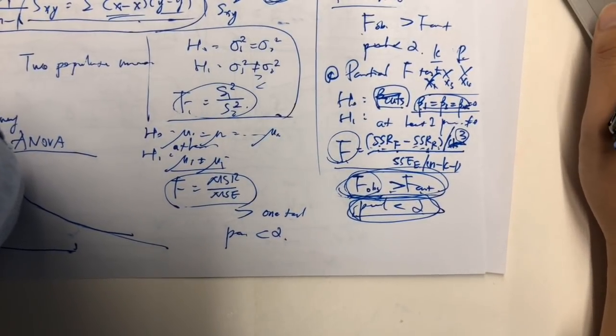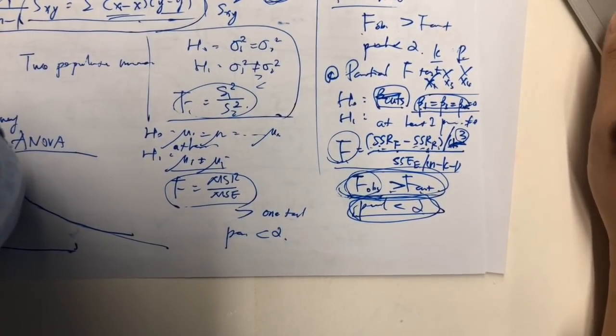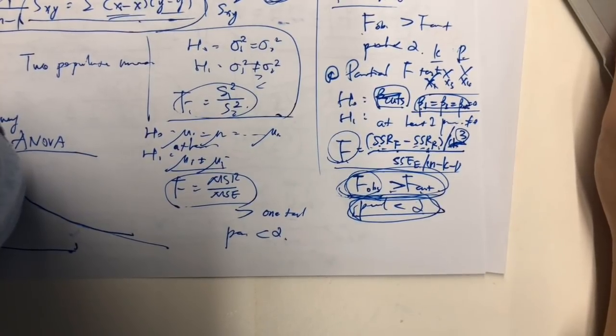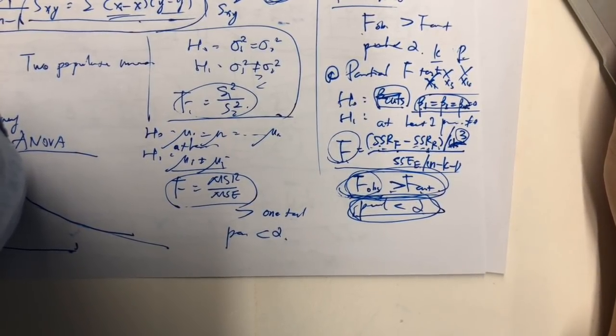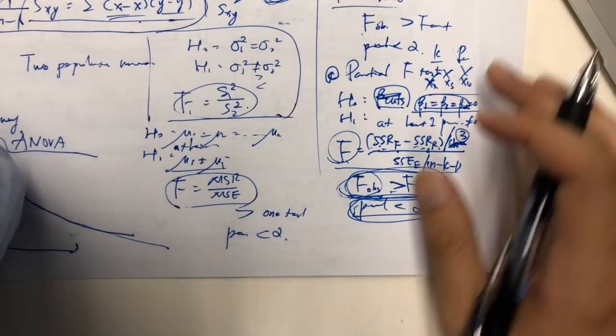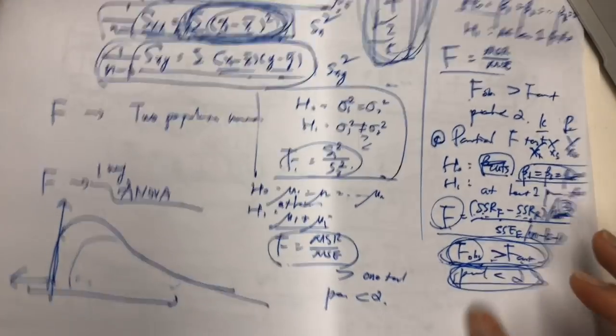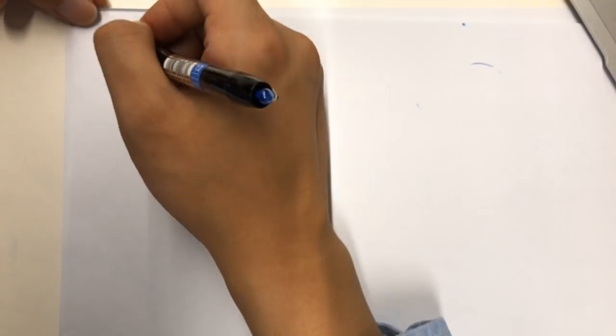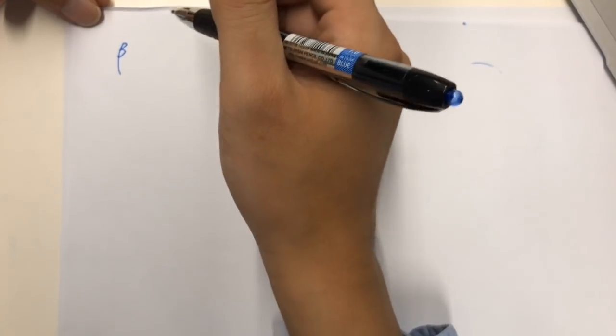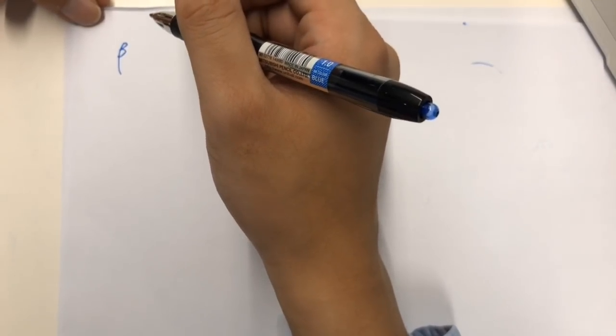Will we be required to calculate the coefficients of the regression model? Thank you for your question. I don't think so. Even though you are not required to calculate it manually, you need to understand. For multiple regression, definitely not, because we haven't learned the formula.